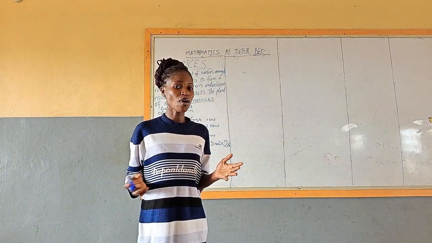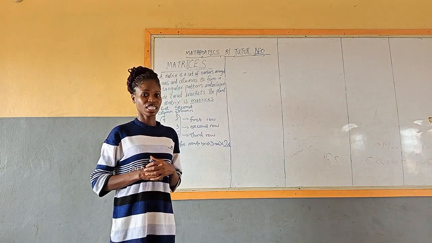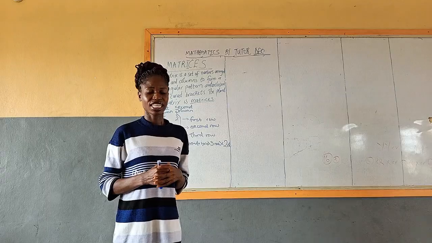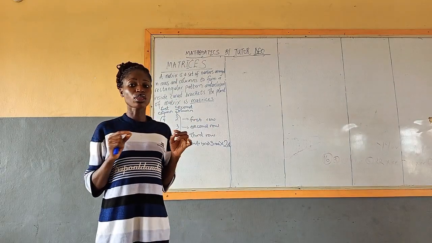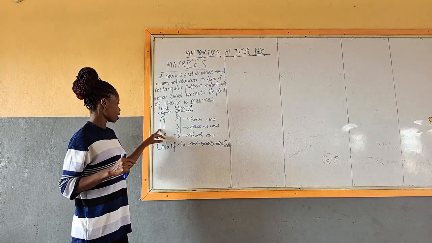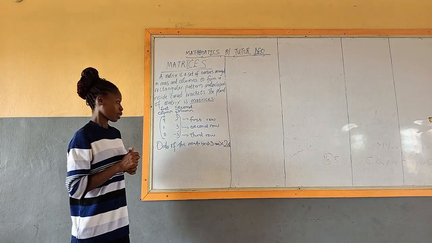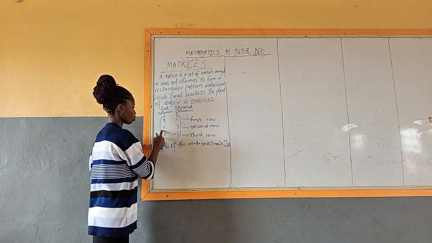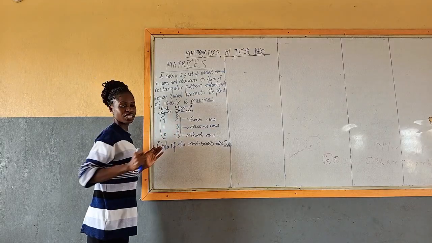Now, another word in matrix is elements. What are elements? These are the total numbers of elements in this matrix. Now, let's count how many numbers are here: 1, 2, 3, 4, 5, 6.